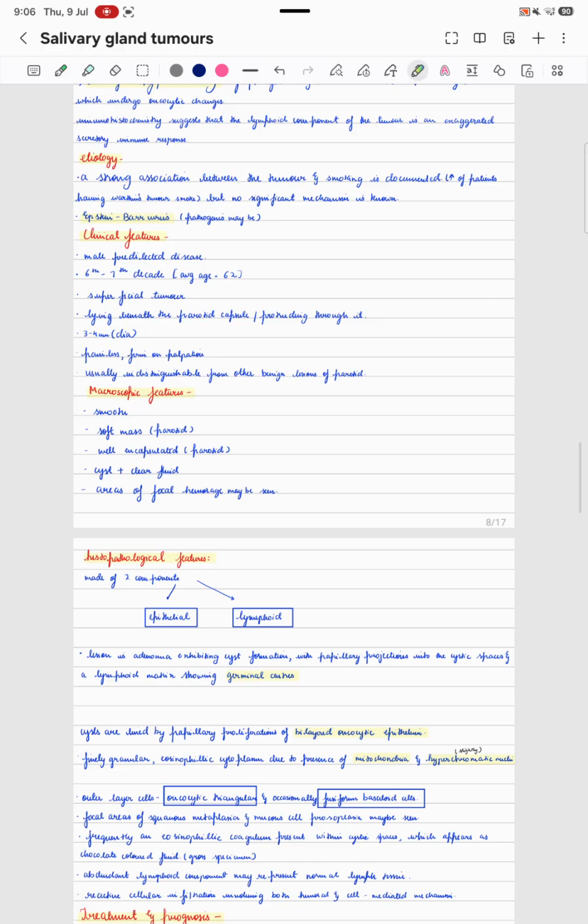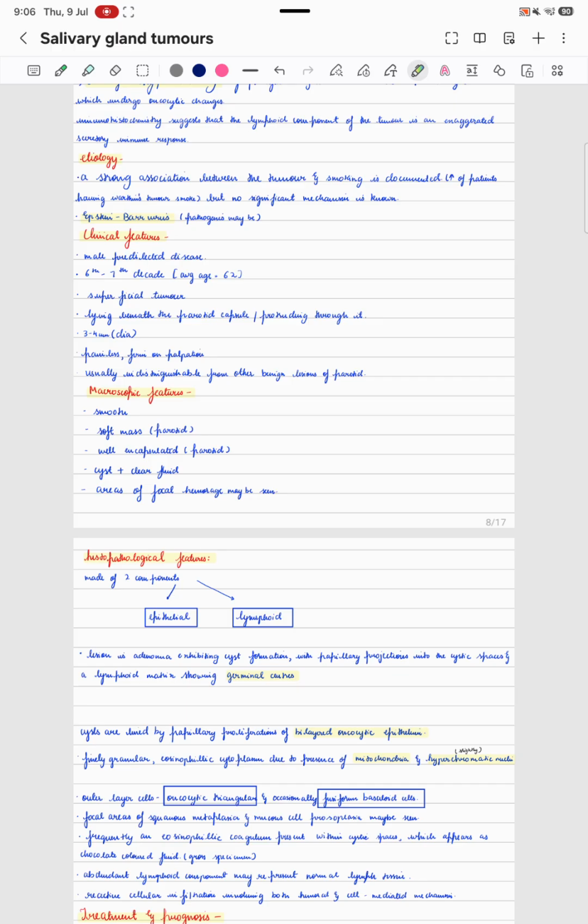Now coming to the etiology, what is the cause of Warthin's tumor? First is the strong association between the tumor and smoking, which is documented. Warthin's tumor might be related to smoking. Its occurrence in smokers is increased, but no significant mechanism is known.